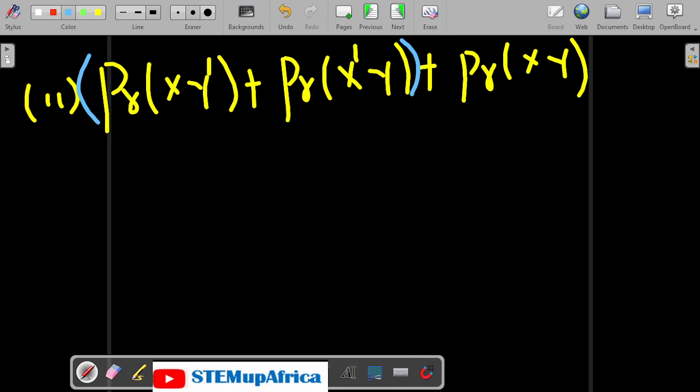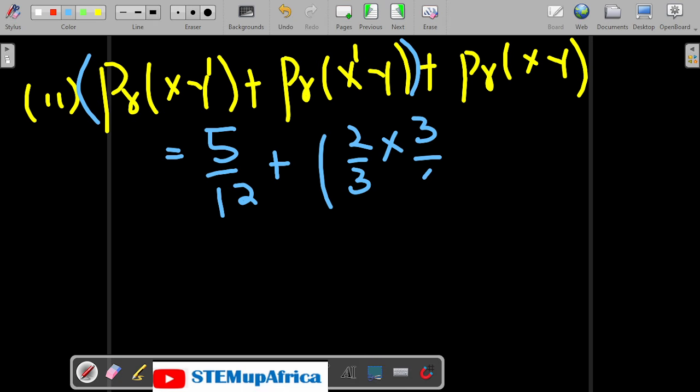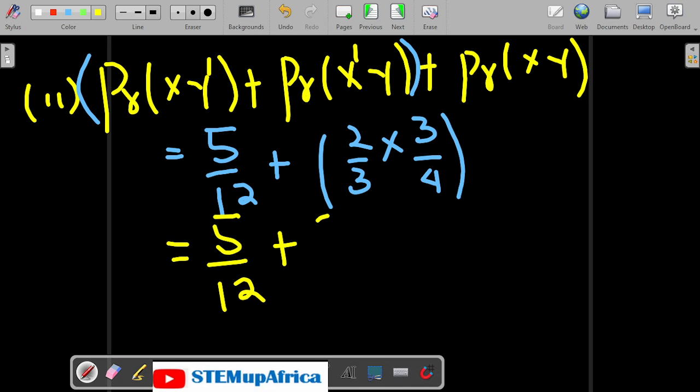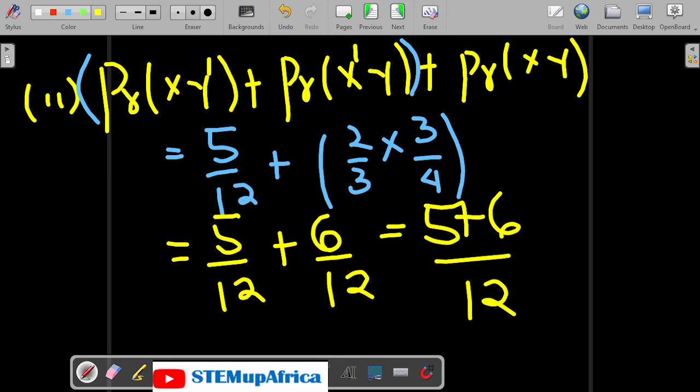The value is simply 5/12 plus 2/3 (X qualified) times 3/4 (Y qualified). So I'm going to have 5/12 plus 6/12, and my answer will be 5 plus 6 over 12, which is 11/12. This is the solution to the question.